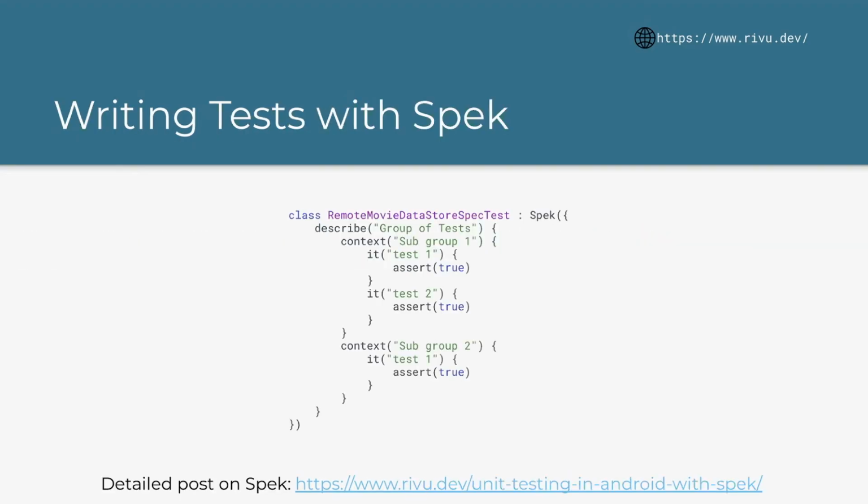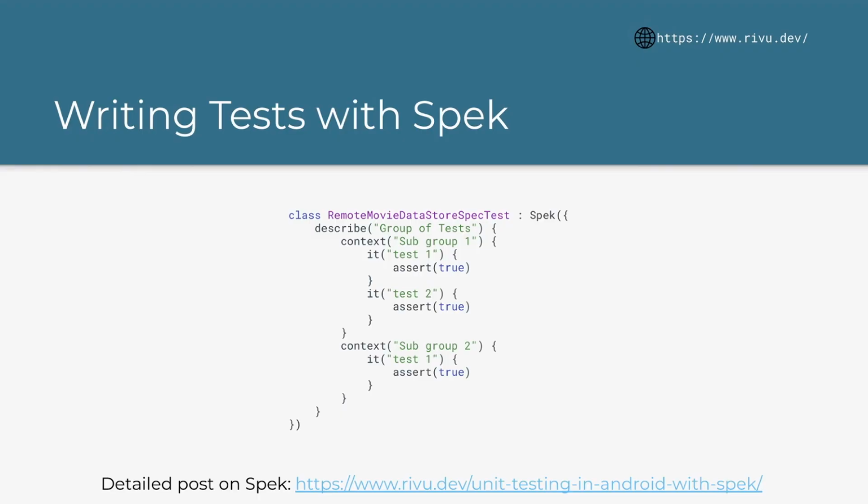How is it writing tests with Spek, right? Let us talk about it a little bit. So Spek is basically a DSL. As I said, it allows you to group tests. Now how? For example, here I have one group of tests and two subgroups actually. You can think of when you are testing a method, right?